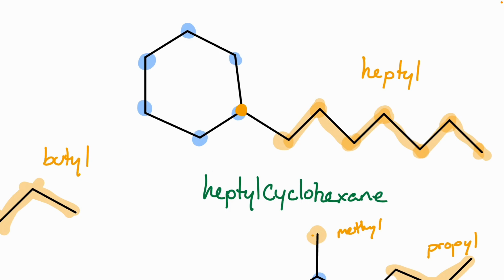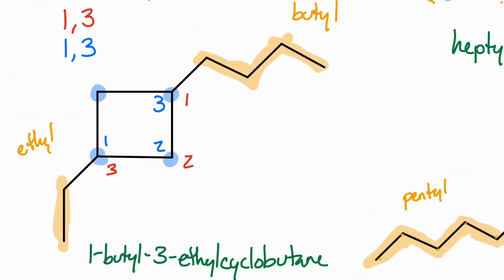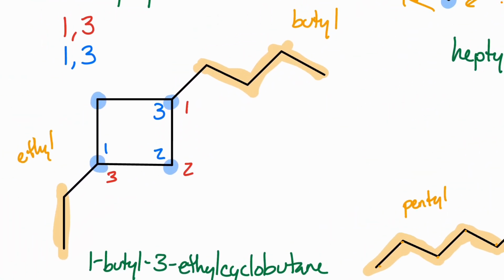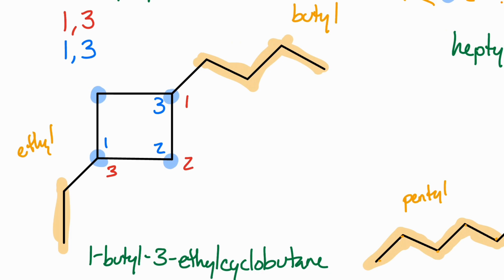But nonetheless, if you start traveling this way, it looks the exact same as if you start traveling this way. So that would not be a chiral center, right? Same thing down here for this one as well, because they're exactly on opposite sides. So going this way, everything looks the same as going this way. So again, no chiral centers here.